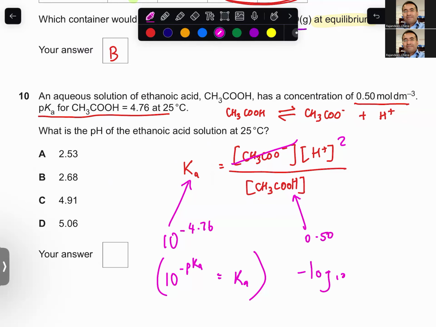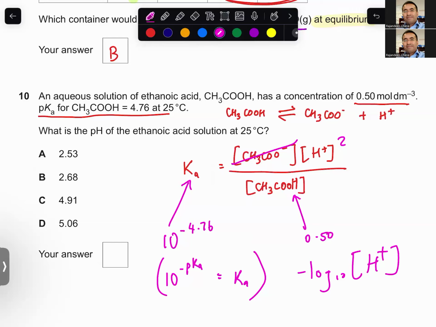and we then just take the minus log to the base 10 of that H plus. So we work this out, we rearrange it, we square root it. And so what will I write on the calculator? I will write 10 to the minus 4.76. That gives you the Ka value, 10 to the power of minus 4.76 multiplied by 0.5 gives you that.